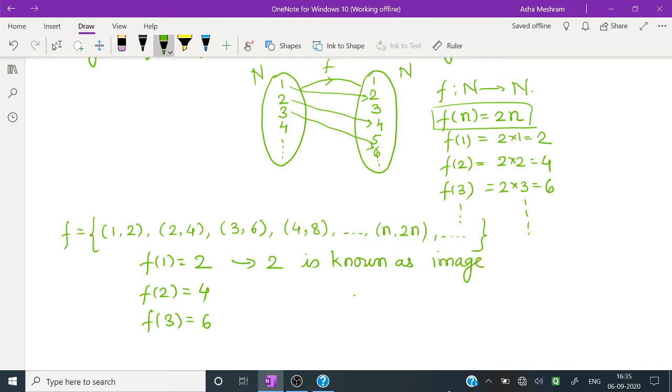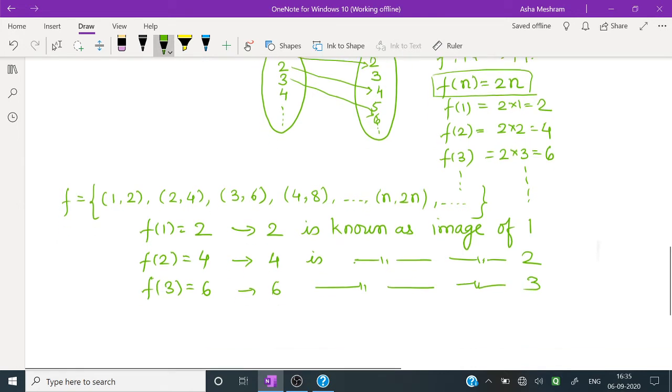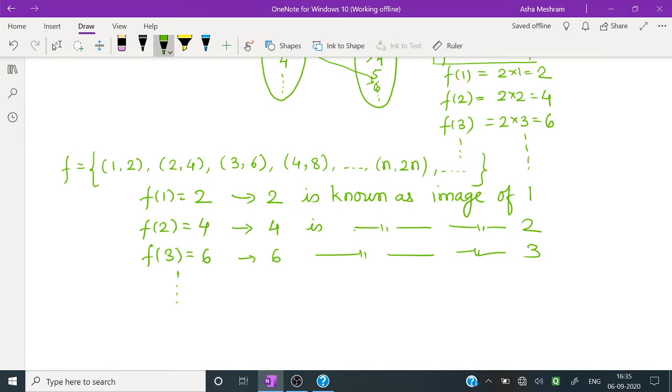Next, 4 is known as image of 2. Then 6 is known as image of 3, and so on. For all the elements we can write.